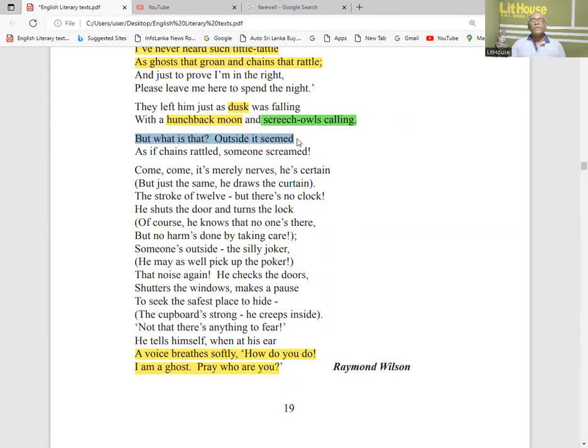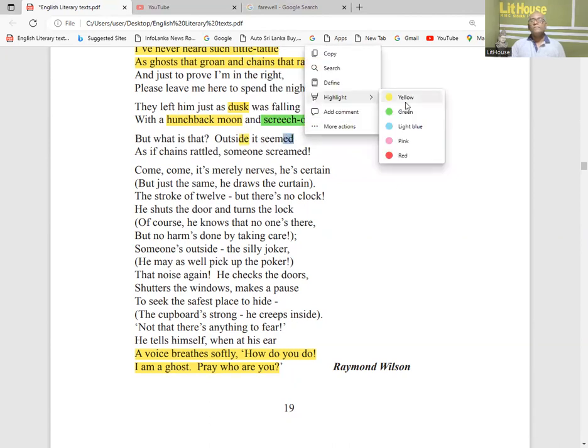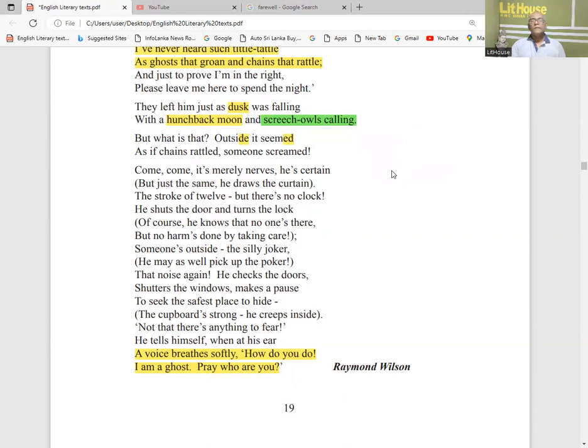Outside it seemed. Outside, the id sound rhymes with seemed, the id sound. There is the sound id, internal rhyming. You can find out many others.